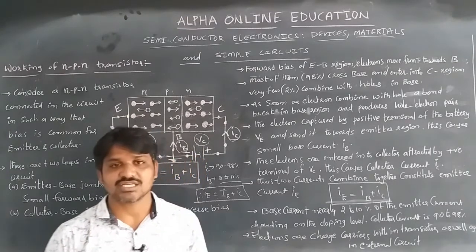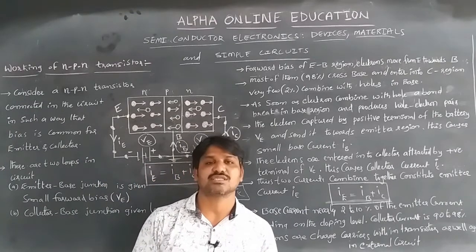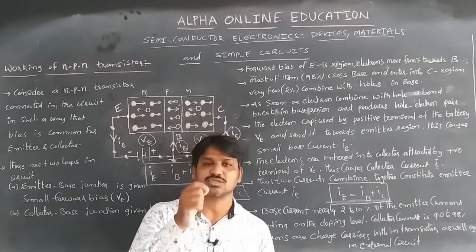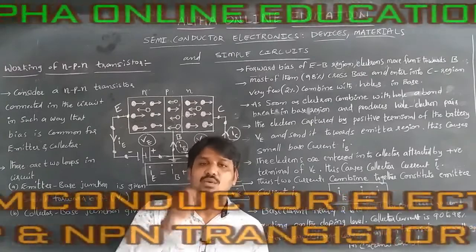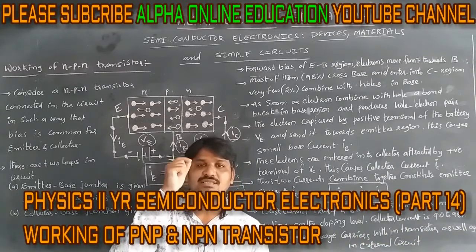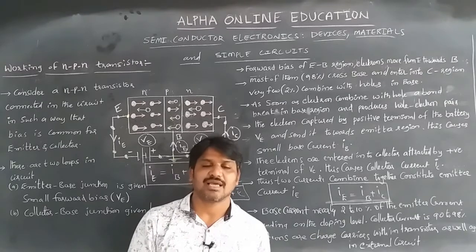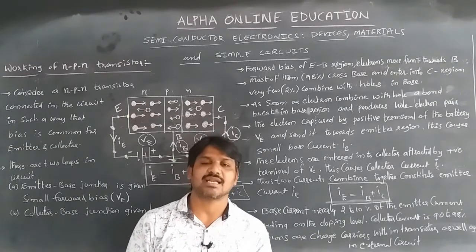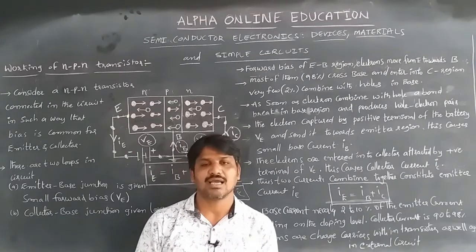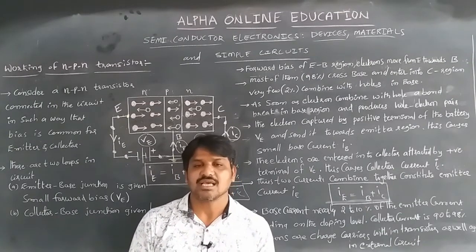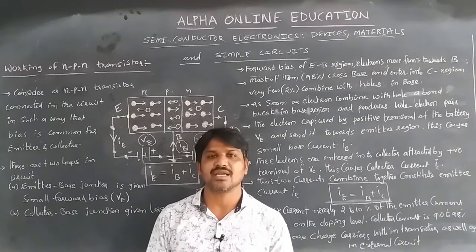But inside the PNP transistor, holes are the majority charge carriers. In the NPN transistor, electrons are the majority charge carriers, and in the external circuits of both PNP and NPN transistors, electrons are the charge carriers. This is about the working of PNP and NPN transistors.